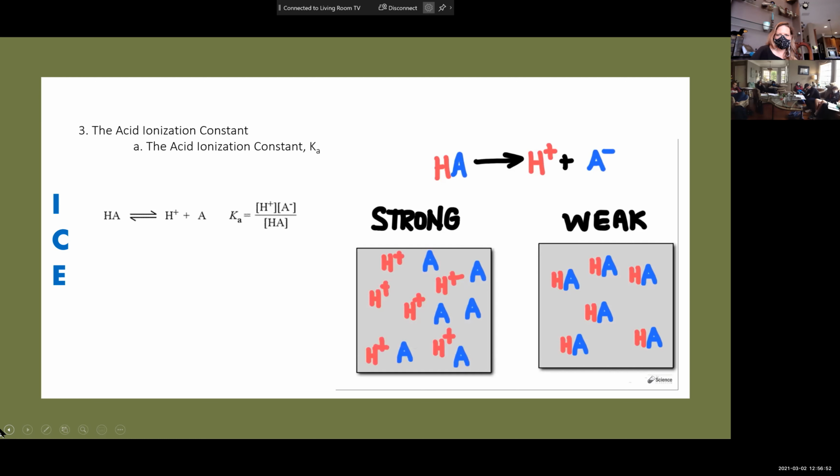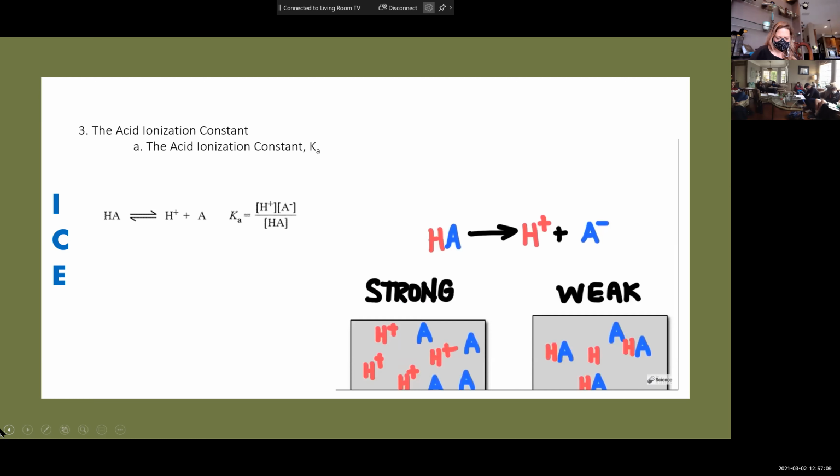For a weak acid or base, only some of those particles are going to split apart. So with our weak acid, maybe only one of these will actually split, whereas all the rest will stay together. And so we don't get as many of these H plus ions as the strong acid. With a base, we're not concerned with H plus, but we're concerned with hydroxide, this ion right here. This is what makes a base a base.